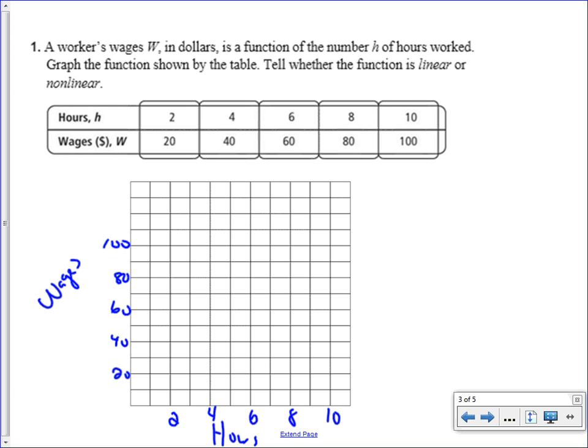So I've got 2 and 20, 4 and 40, 6 and 60, 8 and 80, 10 and 100. So this here would be an example of a linear function. Actually, it would be continuous. We could just connect the dots here, but this is a linear function because it forms a line.